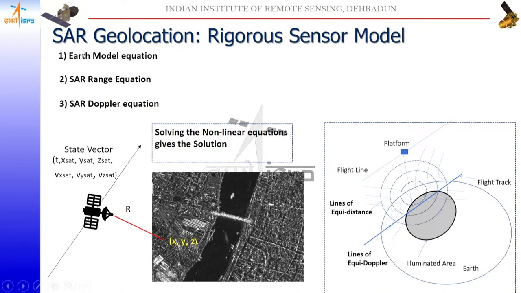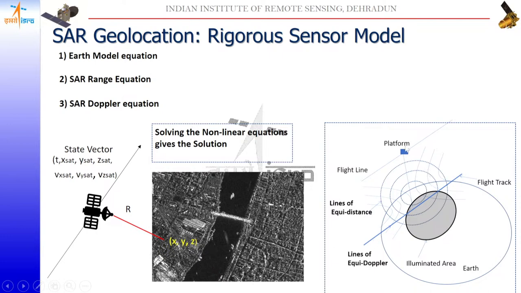We know the satellite state vector, meaning we know the time and everything about the satellite. We know the range information and the Doppler information, and we have the Earth equation. Where these three equations intersect, we can find the x, y, z.